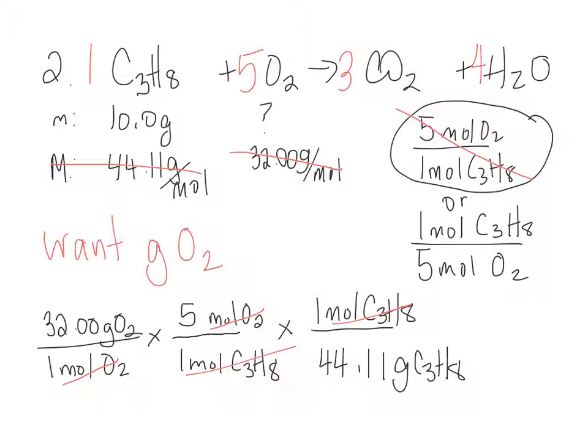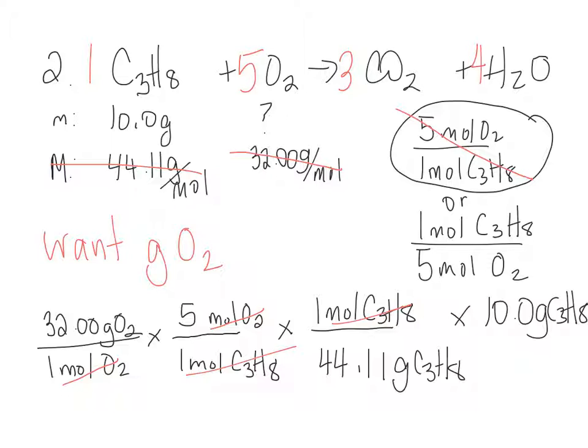We're getting closer. I've got grams of O2, but I've got grams of propane. I want to get rid of grams of propane. Is there a number? This is WP. So there has to be a value that we have that's got grams of propane. 10. We've got 10 grams of propane. The trick here is in writing all of your units in until you get adept at doing this.